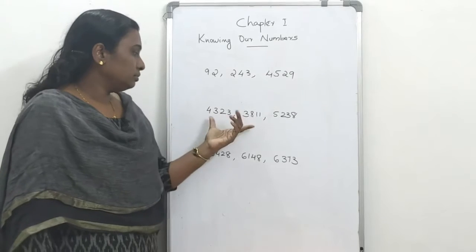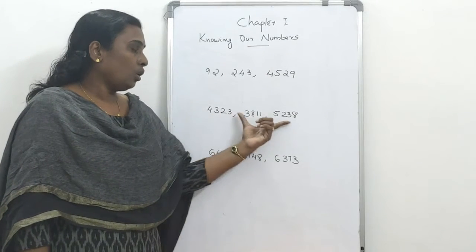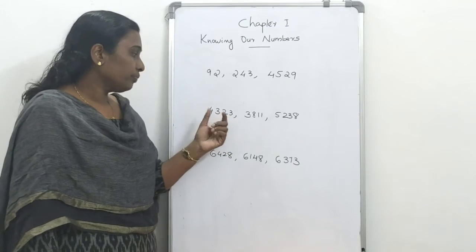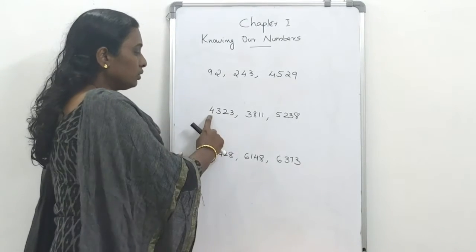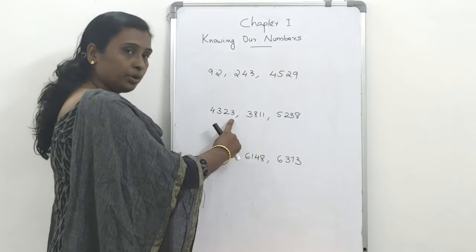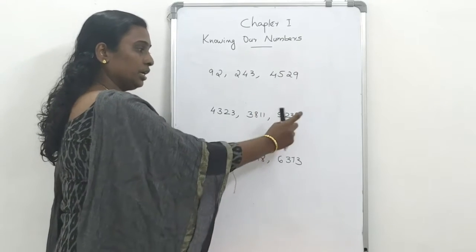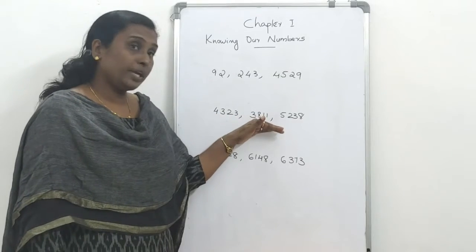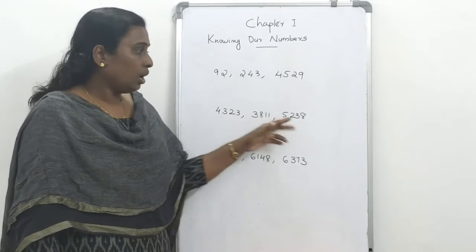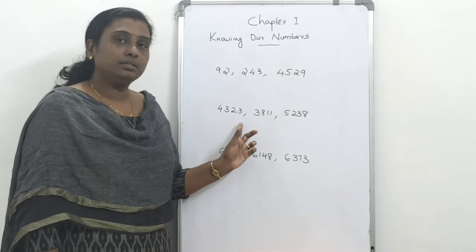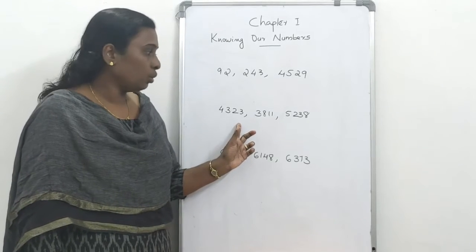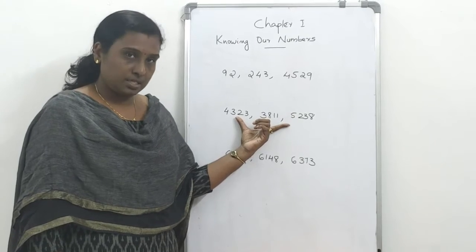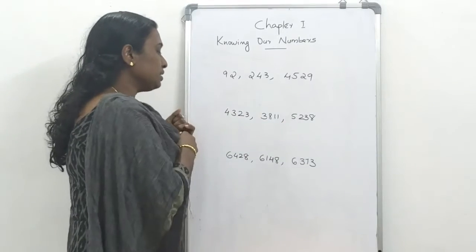See another example. In this case, all these numbers have the same number of digits. That is 4. In this case, 1, 2, 3, 4. 4 digits. Here also 4. Here it is 4. Okay. So, how can we compare these numbers? All these numbers are in thousands. So, compare the digits in the thousands place first. Here, 4 is in the thousands place.